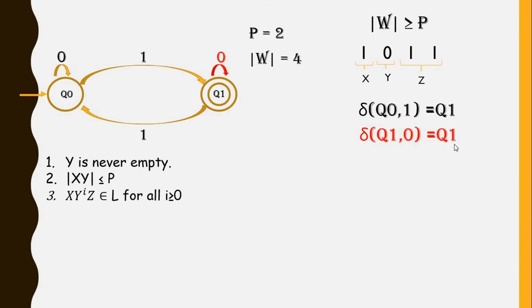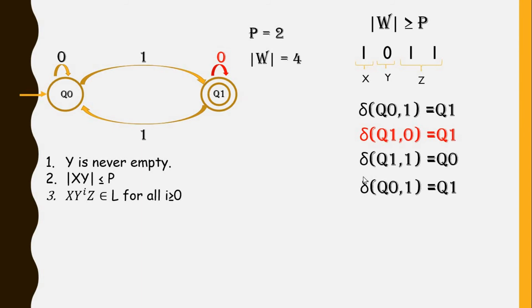And that's the Y part, because we hit Q1 twice. We hit Q1 for the second time on getting input 0. Then we have the Z part that we don't really care about because it could be empty in this example, right?